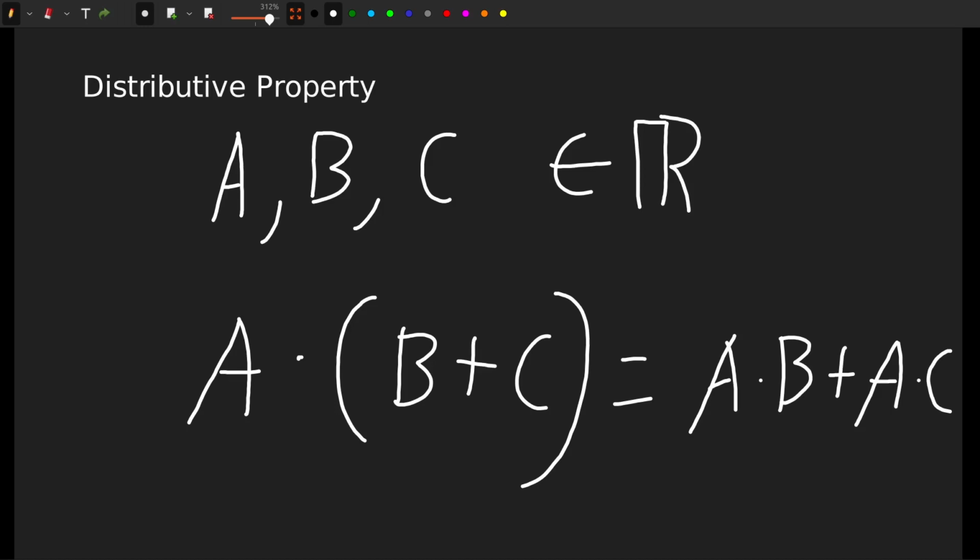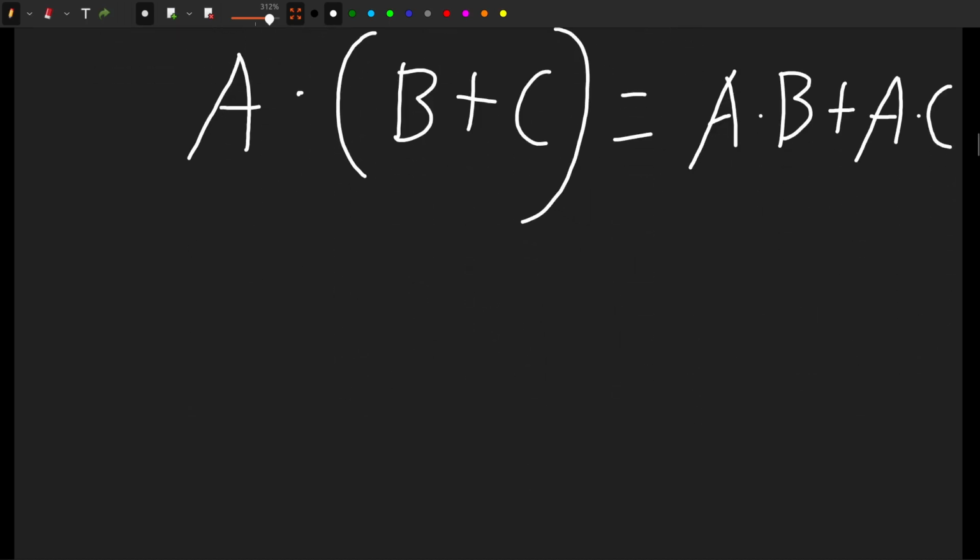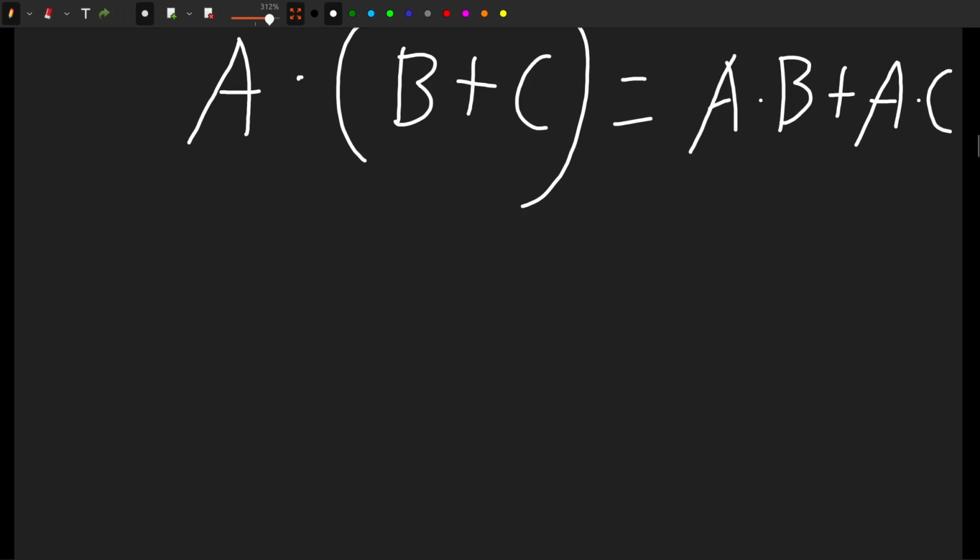This is a very important property to know because you use it quite a bit, especially in Algebra 1, in Algebra 2. You'll use it in pre-calculus, and even all the way into calculus and beyond. It's a foundational property.